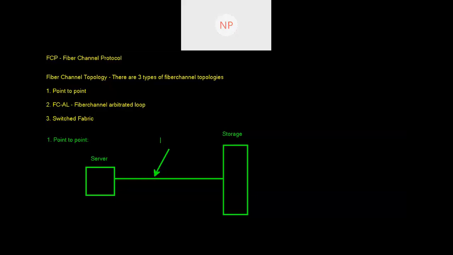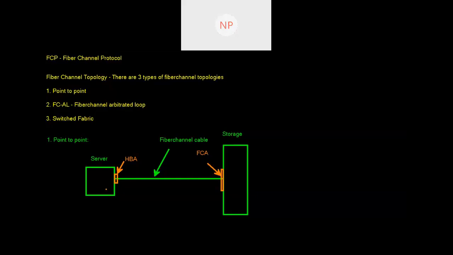This is a Fibre Channel cable, and here we'll have the HBA. With the HBA, we can connect our Fibre Channel cable to the server. The same way, we'll have a Fibre Channel adapter on the storage end. This is our Fibre Channel adapter, FCA.